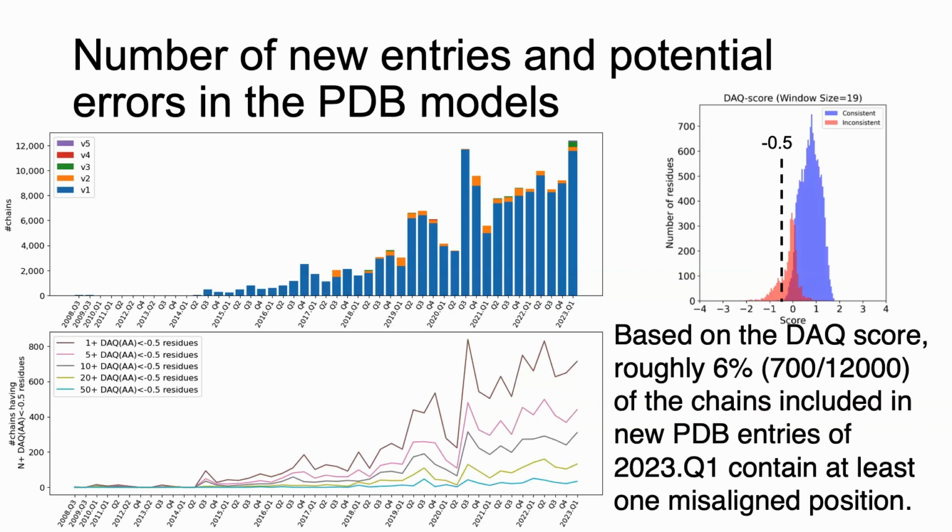It's kind of shocking, but it's real. That means that even though the atomic models are deposited in the PDB database, we need to be careful when using that atomic model. So 6% of the PDB entries have something wrong.